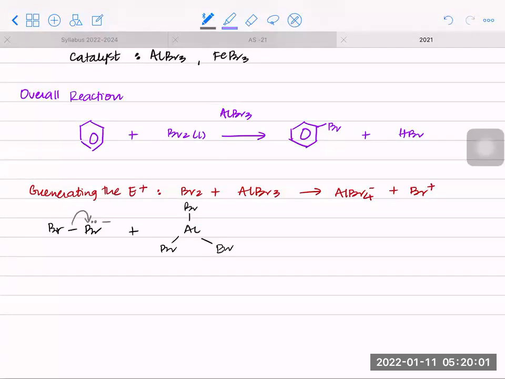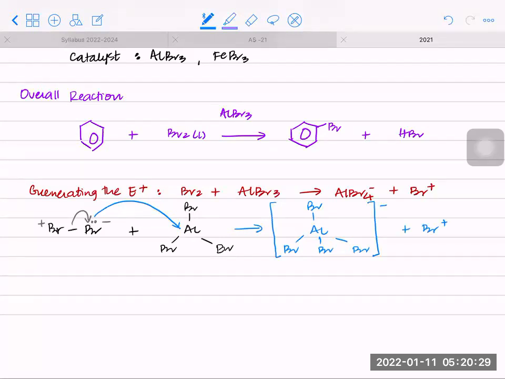Since it gains an electron, this will be negative, this will be positive. And this makes a dative bond with the Al here, because Al has a vacant orbital. And what will you make? You will make AlBr4 minus. Yes, so you make AlBr4 minus plus Br plus.